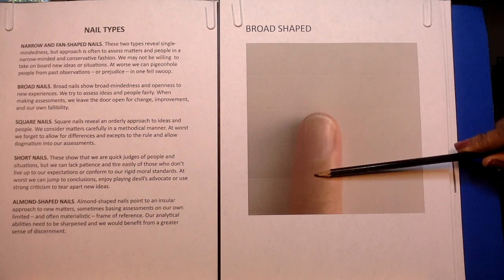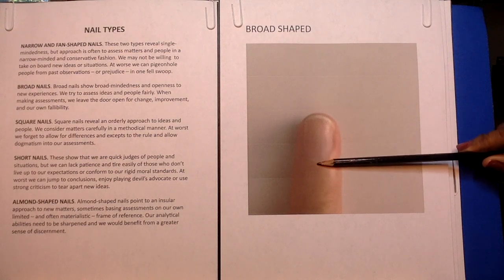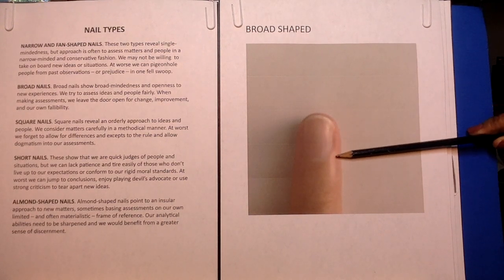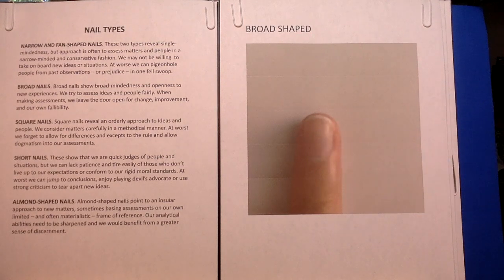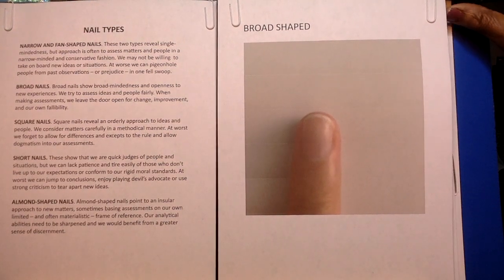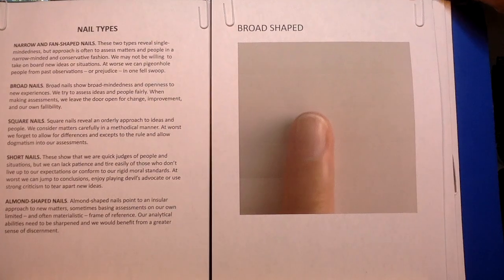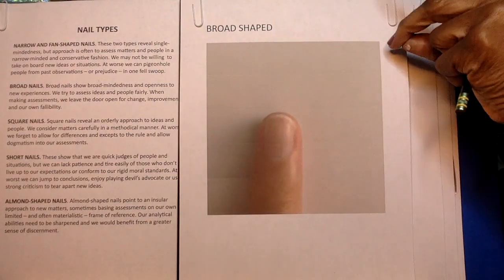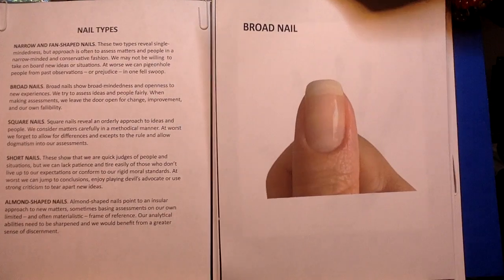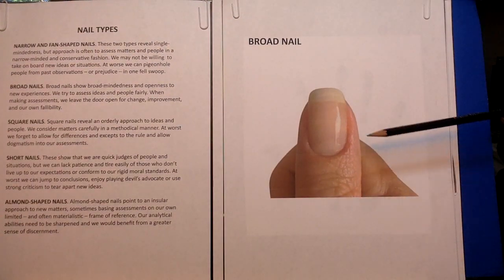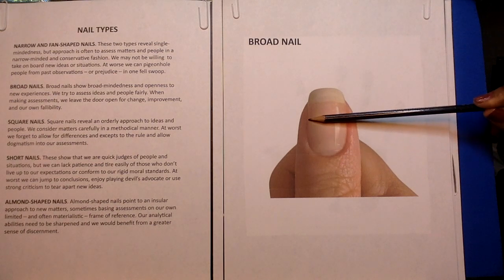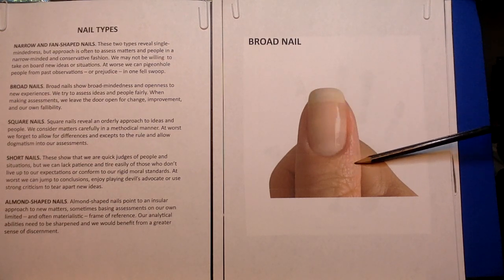This is what broad looks like. You notice it comes deep down. Not much flesh on either side, but let's look at one. I have another one for you, and you can see that clearer. It goes deep down. Then it comes well up. That's called broad nails.